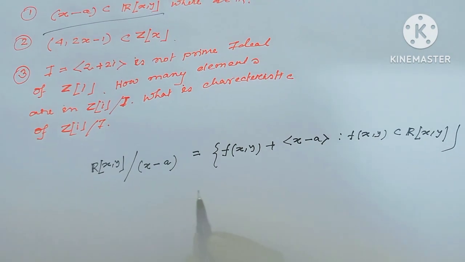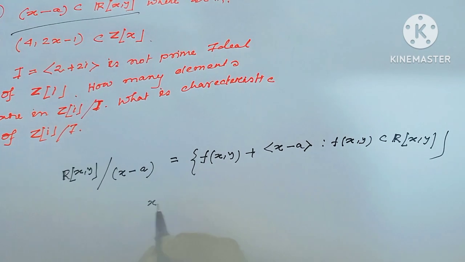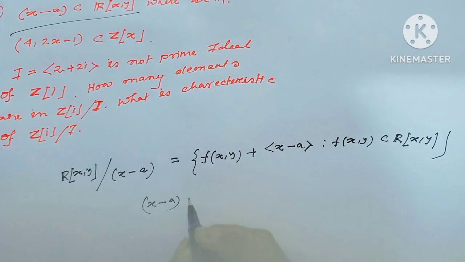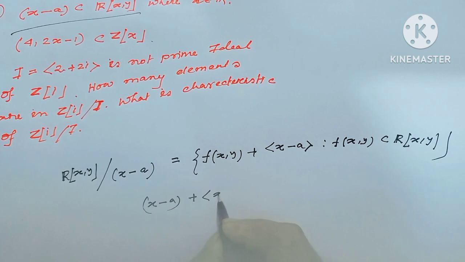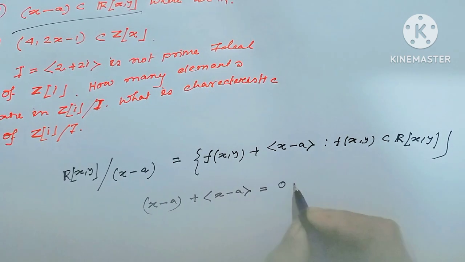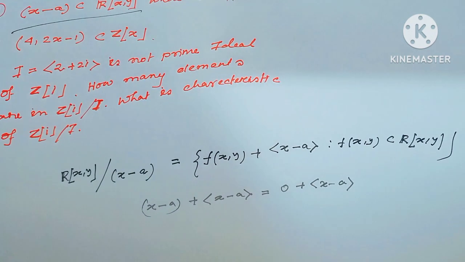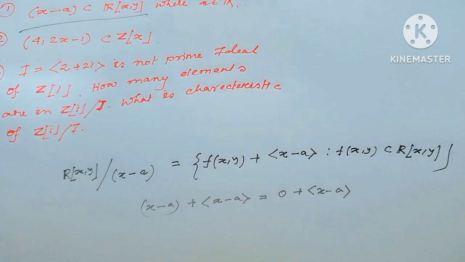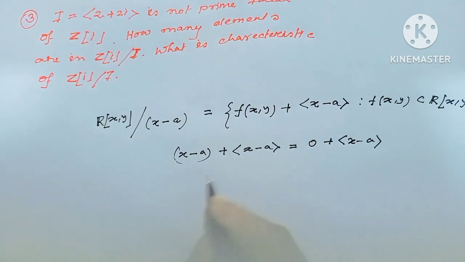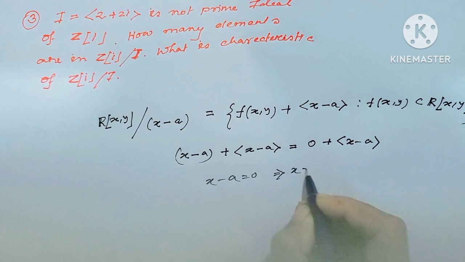Ideal generated by x minus a means obviously x minus a plus the ideal generated by x minus a. We write this as 0 plus the ideal generated by x minus a, and that implies x minus a equal to 0, that is x equal to a.